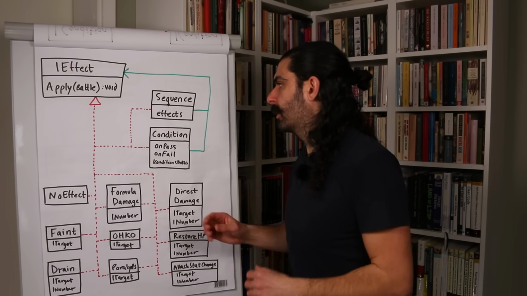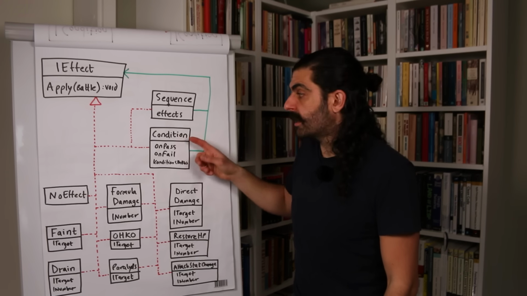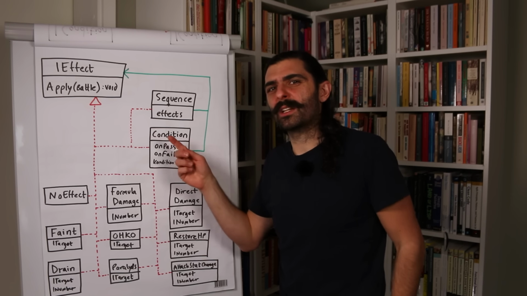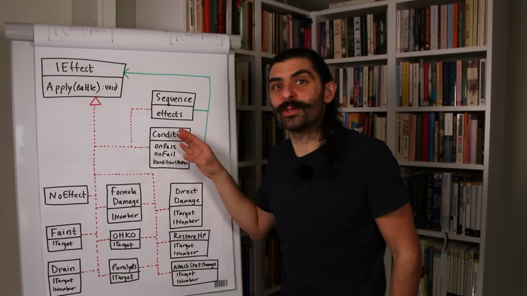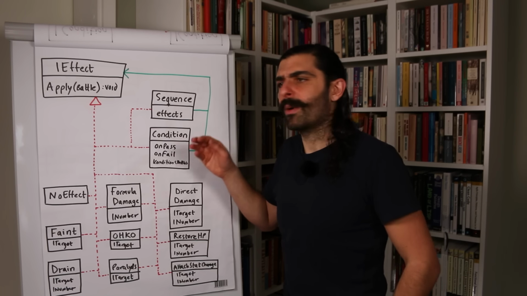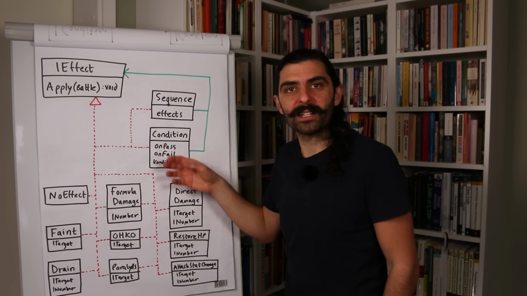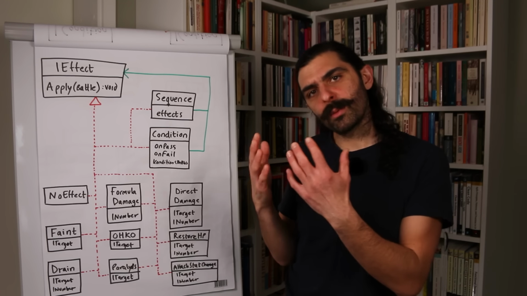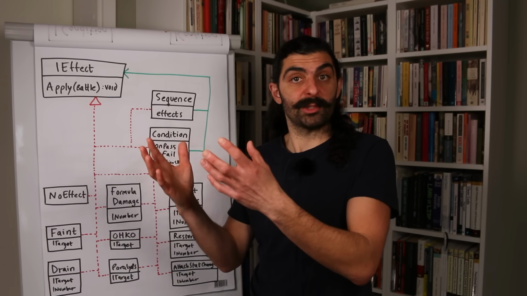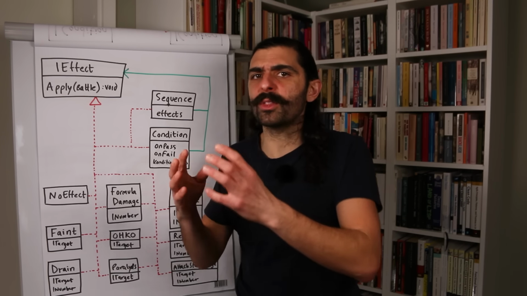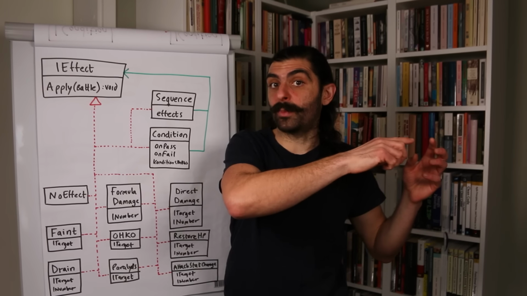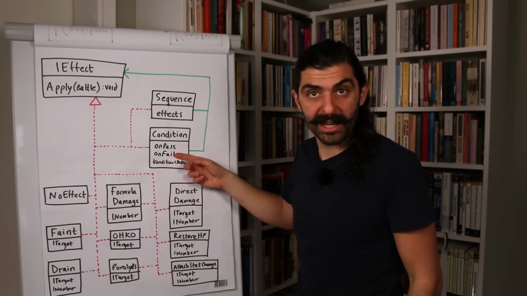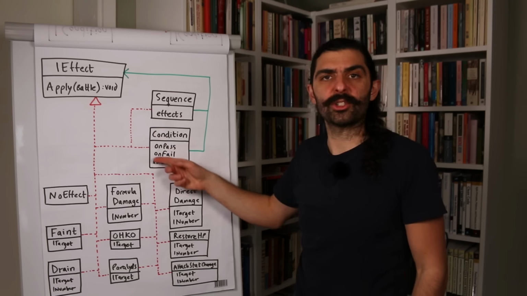Well, here's an example. The conditional effect. The conditional effect has two effect fields. One of the effects is run when the condition inside the conditional effect is true, and the other effect is run when the condition inside the conditional effect is false. But just like with regular if statements, sometimes we want to express just an if with no else branch, and sometimes we want both an if branch and an else branch. So in other words, the else branch, the fail effect, should be optional for the conditional effect type.